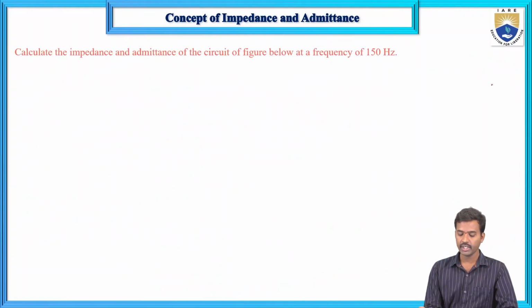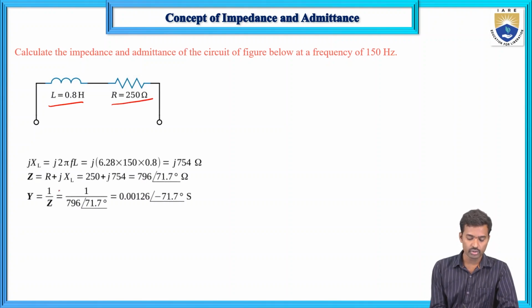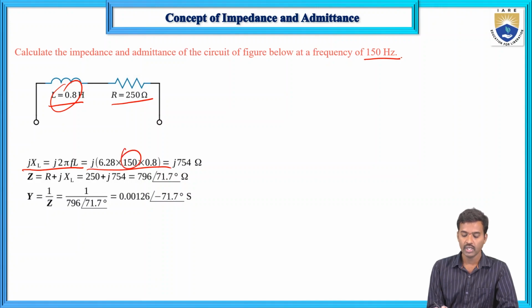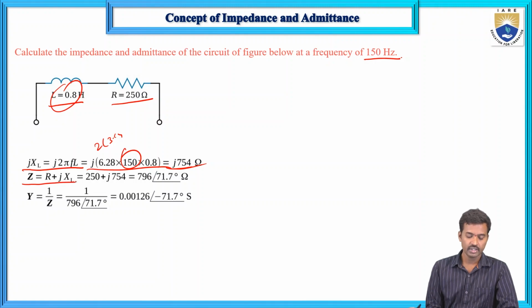Calculate the impedance and admittance for the given circuit below for 150 hertz. Here this is L and this is R, and XL equals 2 pi F L. Substitute F equals 150 and the L value is 0.8. So XL equals j 2 pi into 150 into 0.8, with 2 pi as 2 into 3.14, and this value equals j754. Z equals R plus jXL, so Z equals 250 plus j754.